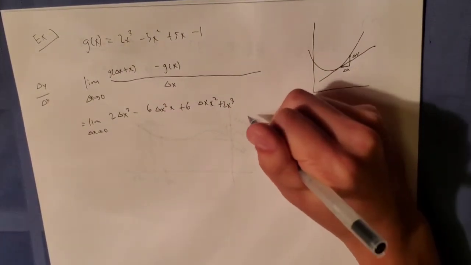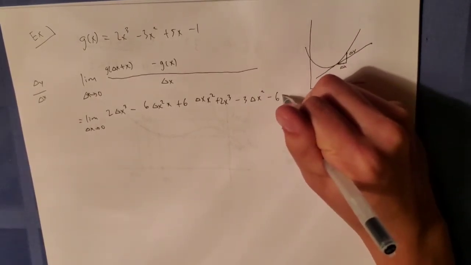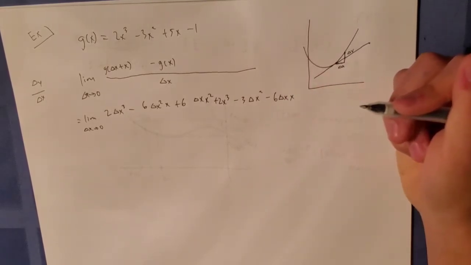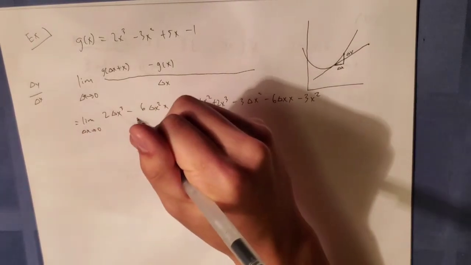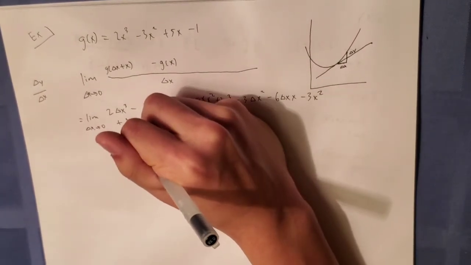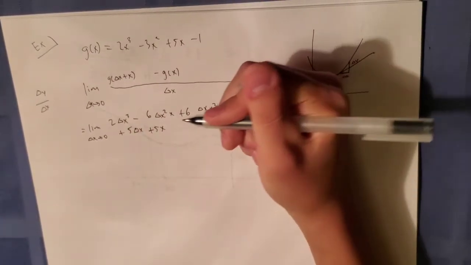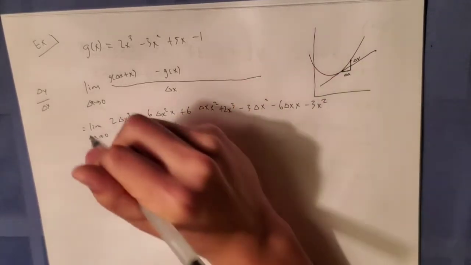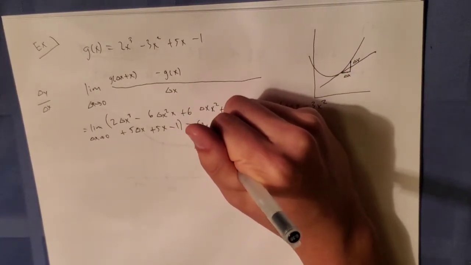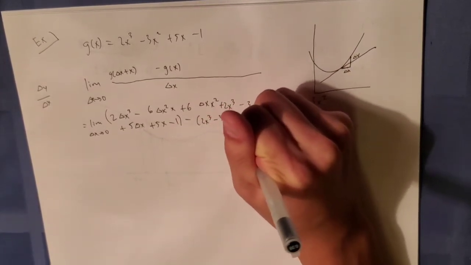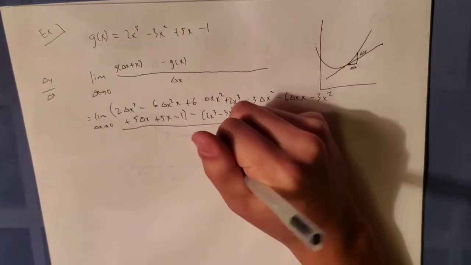Then the next term is minus 3 delta x squared minus 6x delta x minus 3x squared. Then plus 5 delta x, plus 5x, and minus 1. Minus g of x, which is 2x cubed minus 3x squared plus 5x minus 1. And this is all over delta x.